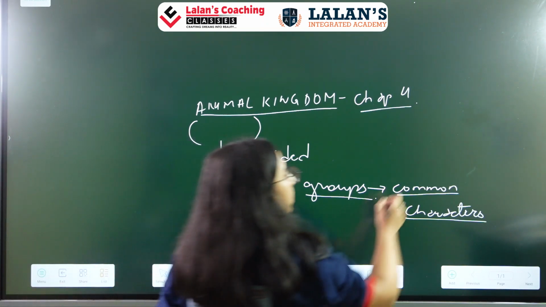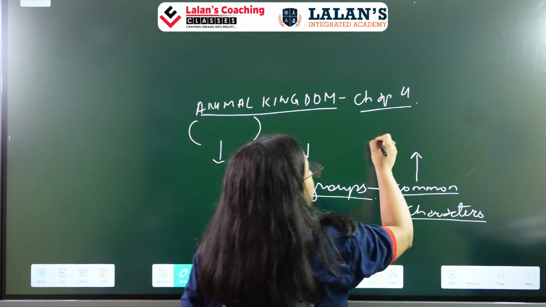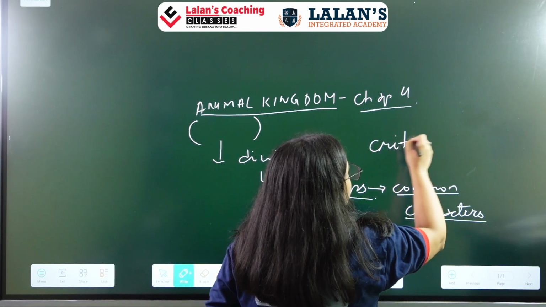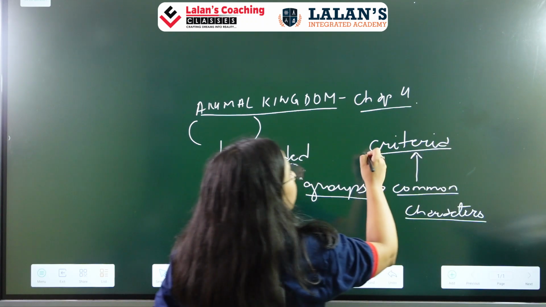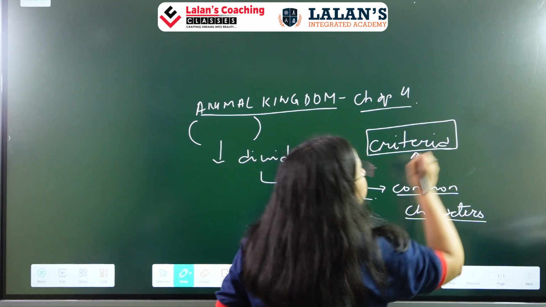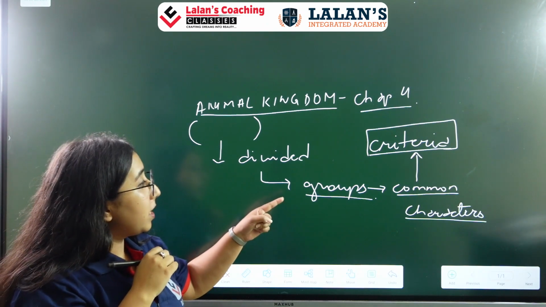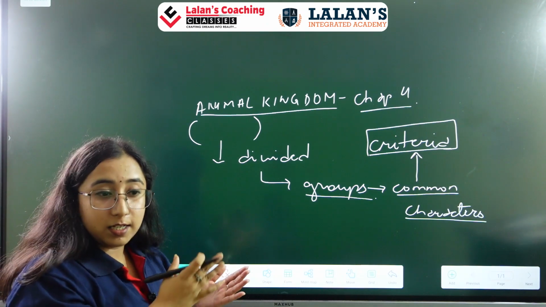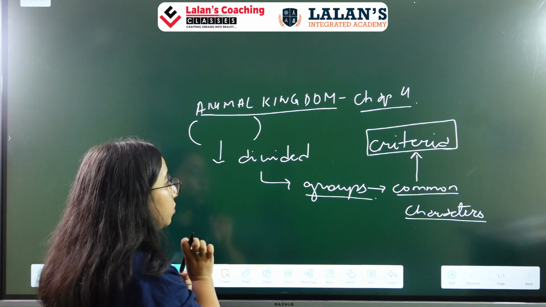Now these common characters are found out by checking certain criteria. In today's class, we will be studying what kind of criteria is checked by biologists to find out what animal has it and which group it is classified into.